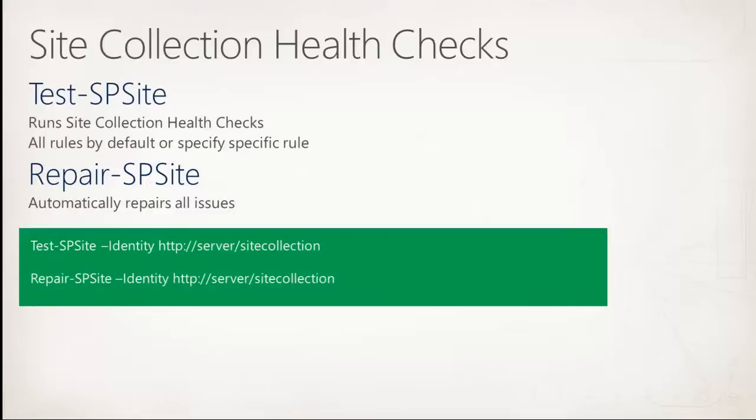To run site collection health checks, use Test-SPSite or Repair-SPSite. And it will do the same thing as if you did it online. Repair will actually automatically repair any issues, and this looks for things like missing dependencies. I haven't had it report too many issues to me yet on any of the site collections, so apparently I haven't managed to break it yet.